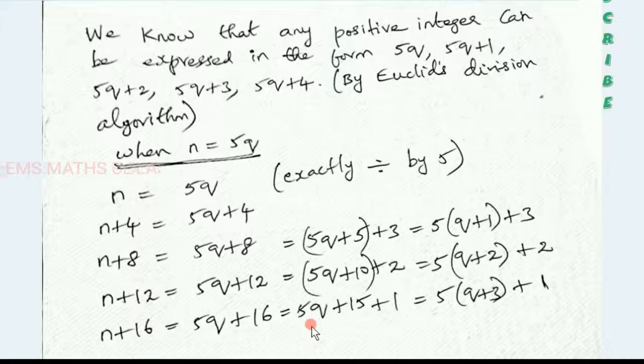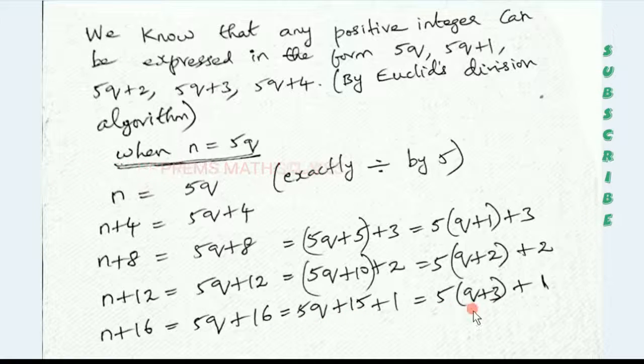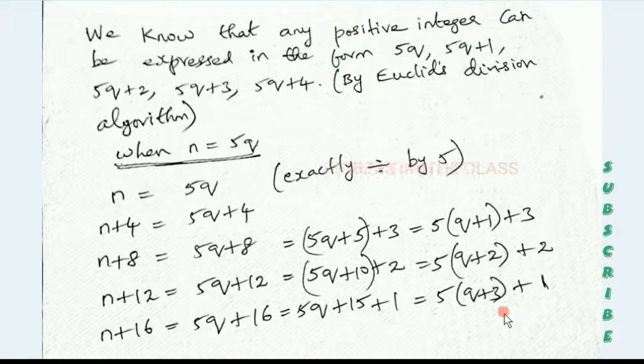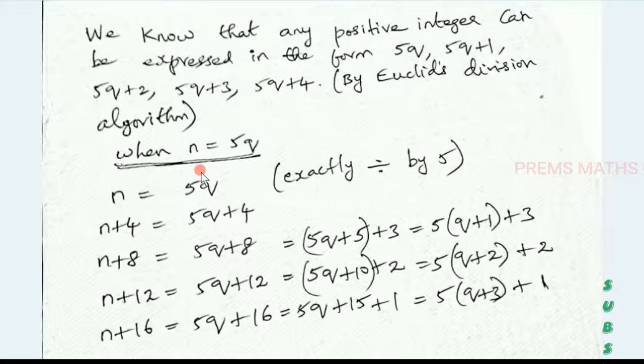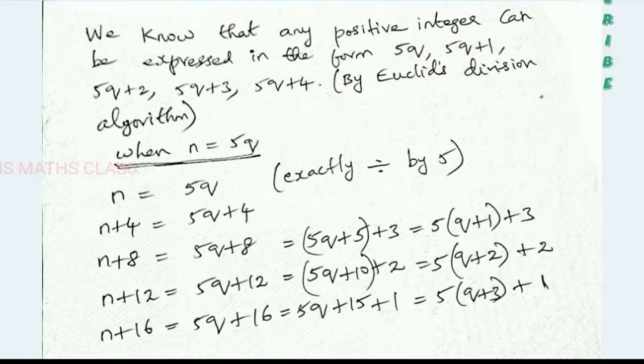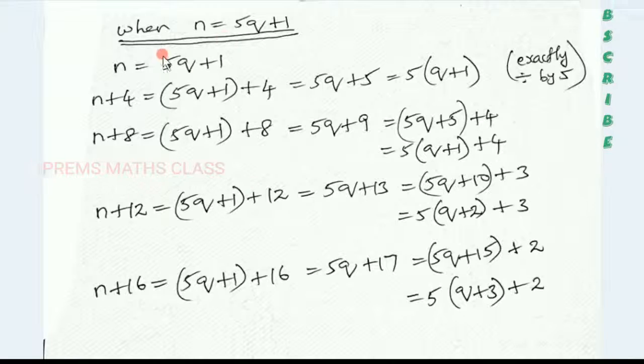This 16 can be written as 15 plus 1. Now taking 5 common from these two, 5 into q plus 3, plus 1. So here the remainder is 1, so not divisible by 5. So out of these n, n+4, n+8, n+12 and n+16, only n is divisible by 5.